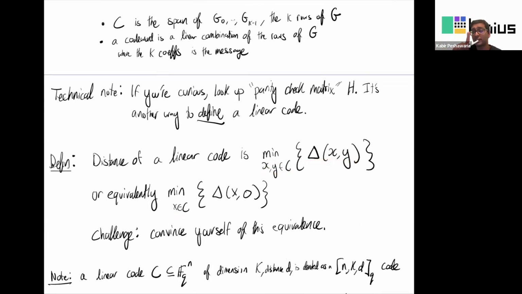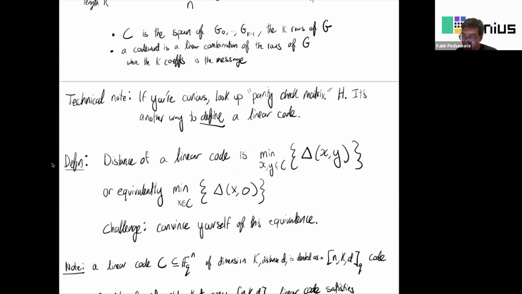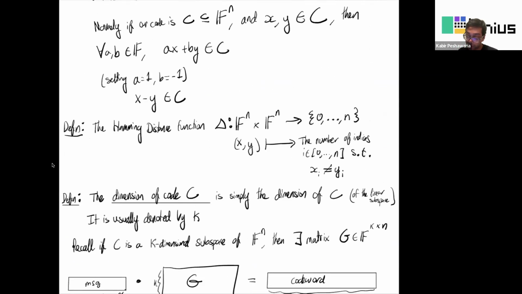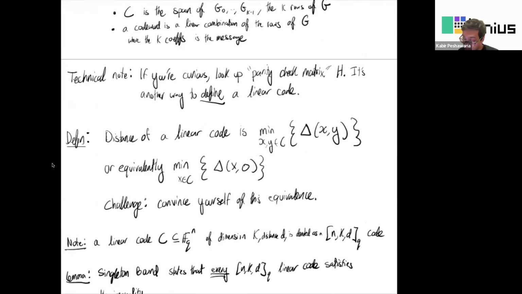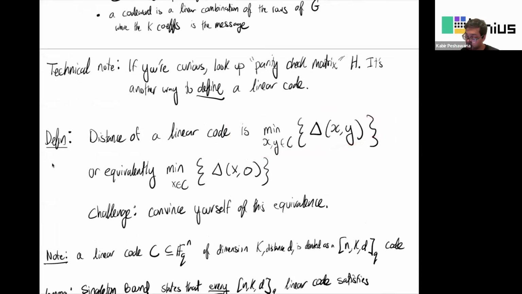Basically, how many coordinates are non-zero. And as a challenge, you should convince yourself of this equivalence when it's a linear code. As a hint, you can basically do this with what I've said on this page alone. But as a challenge, convince yourself of this equivalence. Great.